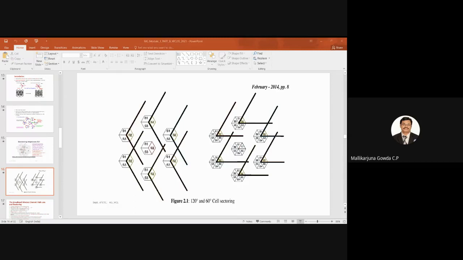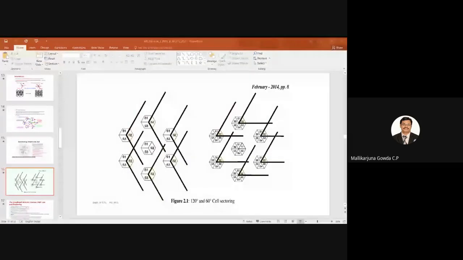I am asking you, are you getting my point? How this center cell is affected only by this cell and this cell, and not by these other 3-4 cells. I cannot give you a picture more than this.